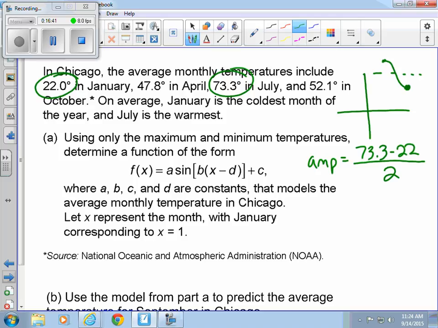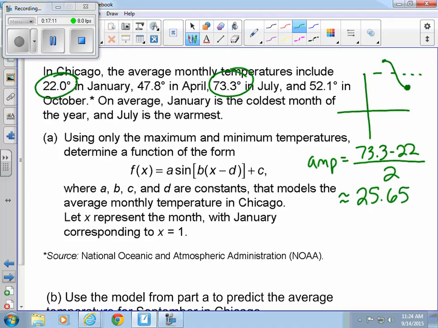That would be the A value. 25.6. Right? That's right. So that's A. Any questions about how I found amplitude? Highest point minus the lowest point, divide that by 2. Does everyone understand why that would give you the amplitude?